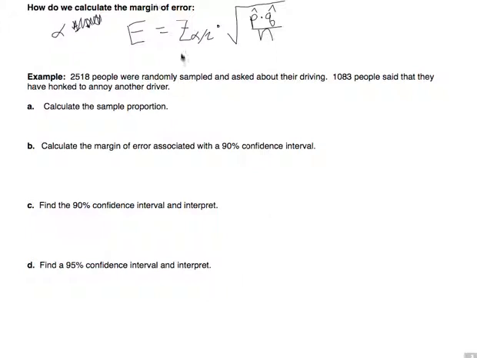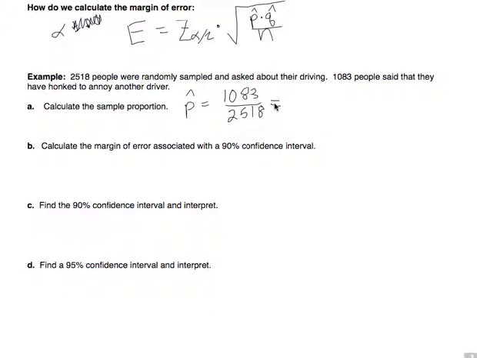Let's first find the sample proportion, because this is what is going to be in the middle, right? We're going to be starting with the sample proportion and then adding and subtracting the margin of error. So what is the sample proportion? Well, p hat is the proportion of people who said that they have honked. That's 1,083 divided by 2,518, and we're going to round this to the hundredths place.